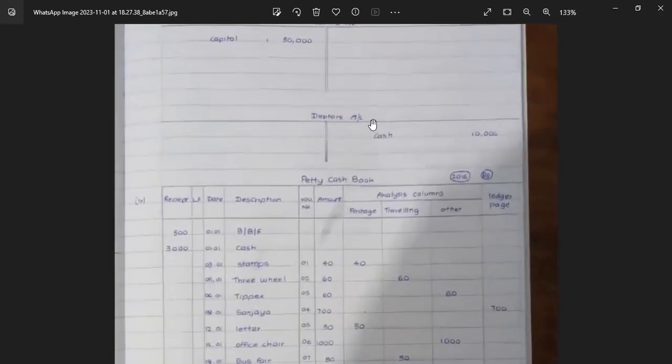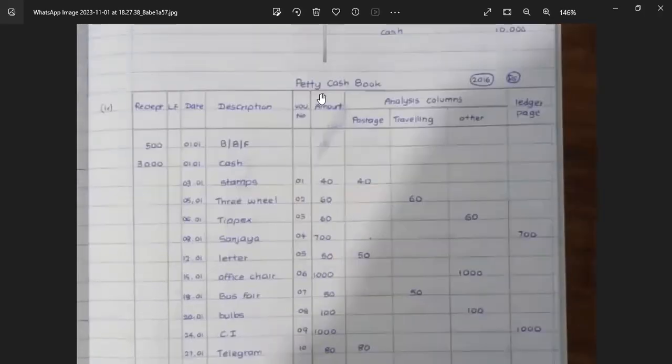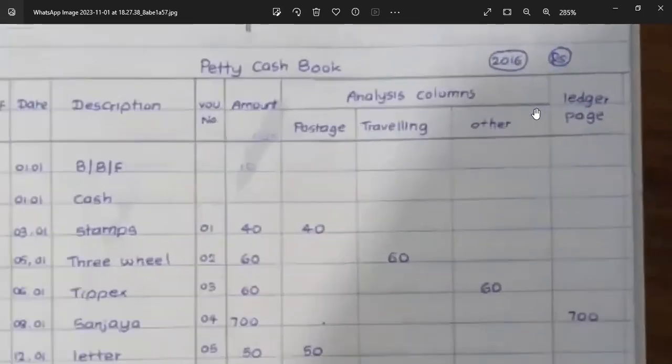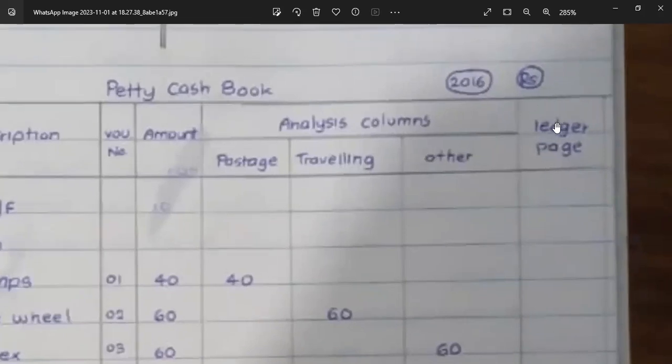Don't we need to put sundry in the columns? Here it is like this: there is postage, traveling, and other. This other is what we call sundry, understand? Here, this should be ledger account, not ledger page. After the ledger account we can identify the ledger page. Now in this analysis there are four columns altogether: postage, traveling, other and ledger account. This should be ledger account, not ledger page.